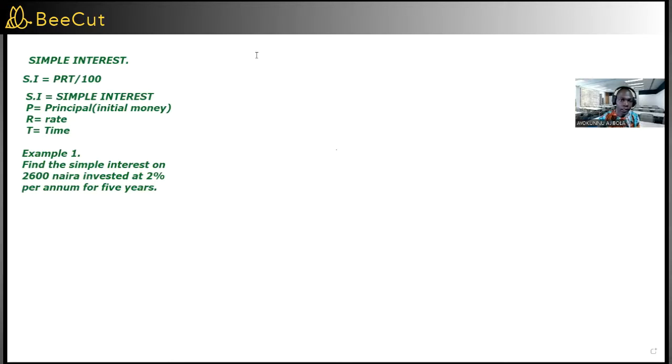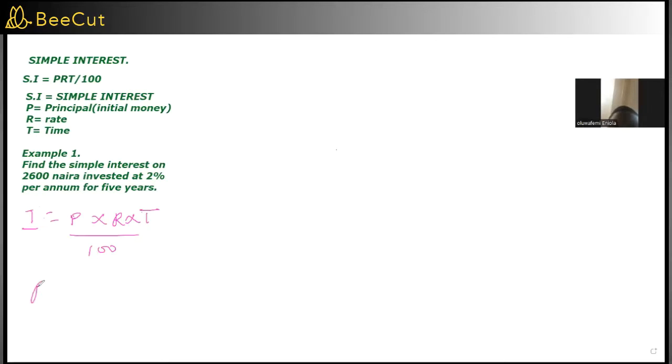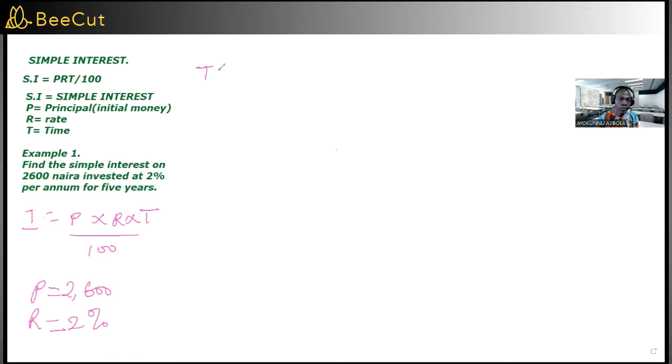The solution to that is here. We are using our parameter: the interest equals principal times rate times time, all over 100. Our principal is the initial amount, like we said, that is 2,600. The rate has been given to be 2%, while the time is 5 years.